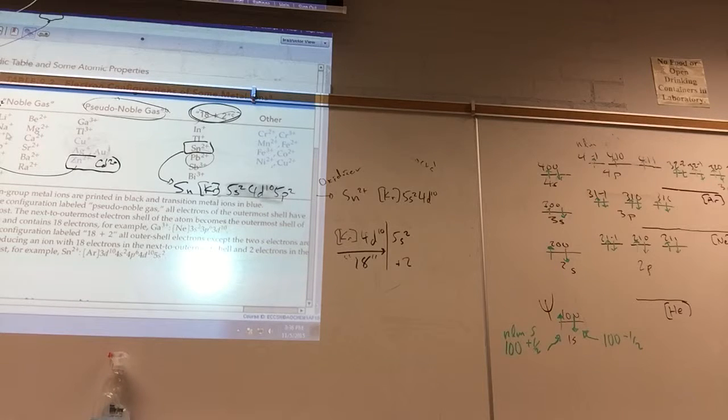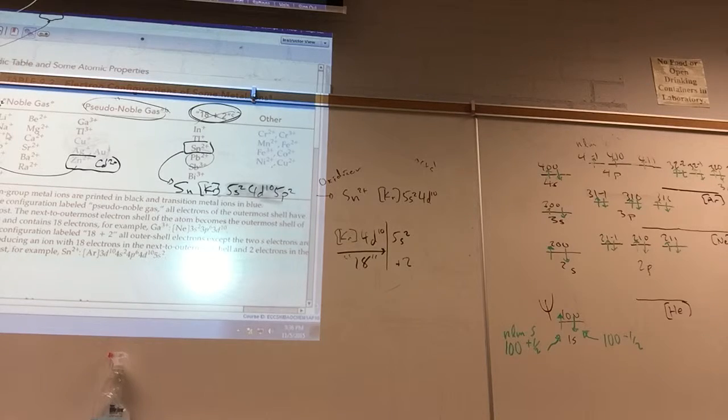Thallium, you'd expect plus 1 and plus 3. Antimony, well, we got 3p electrons, so plus 1, plus 2, plus 3. We lose those. Plus 3 and plus 5.